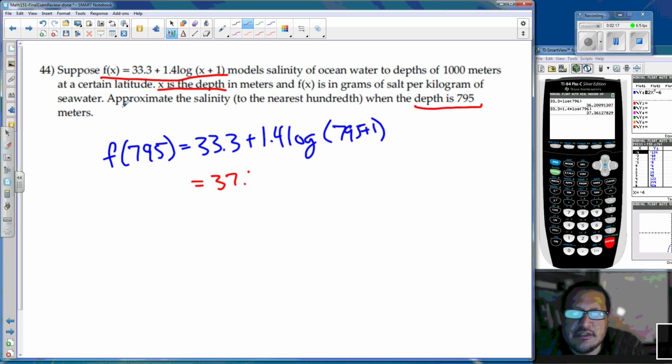Rounded to the nearest hundredth, that will be our answer.